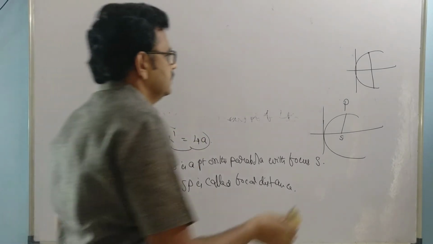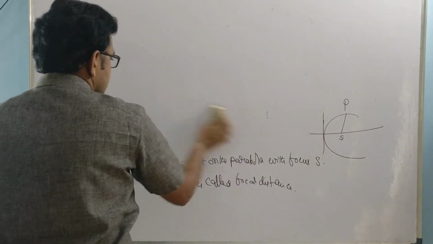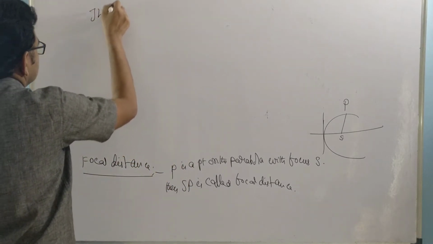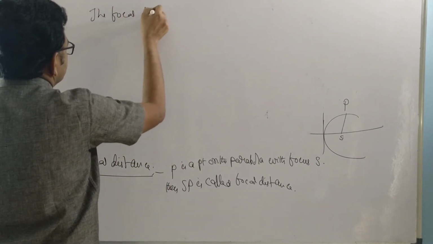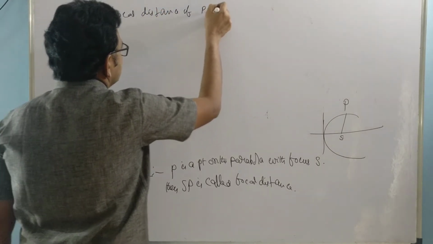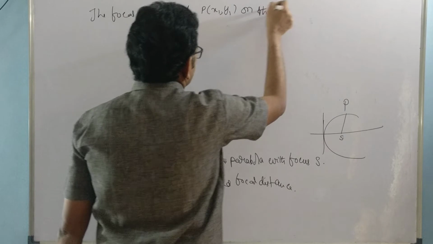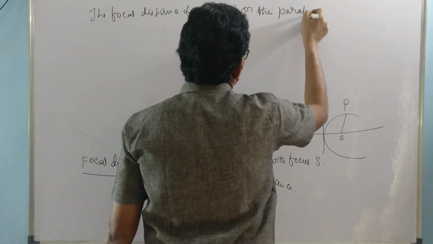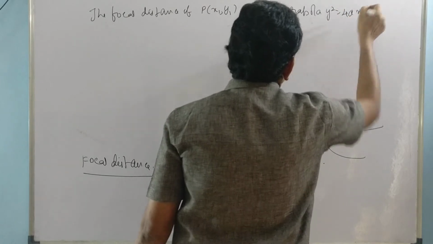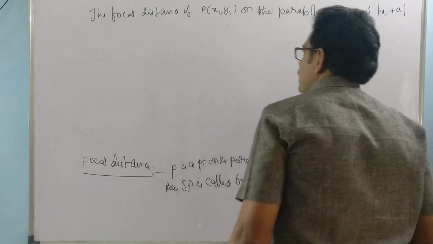Next one, the focal distance of the point P(x1, y1) on the parabola y square is equal to 4ax is mod of x1 plus a.